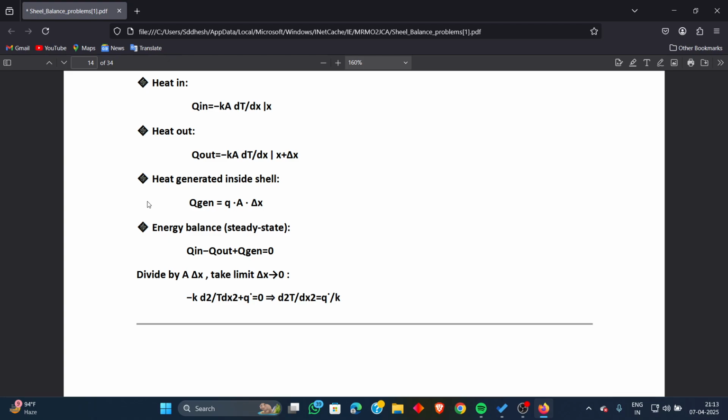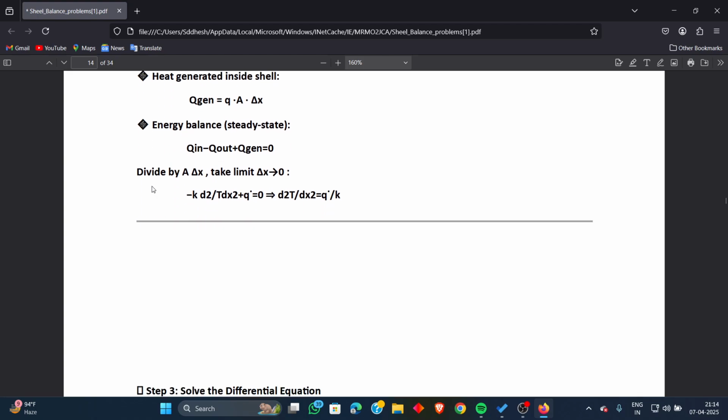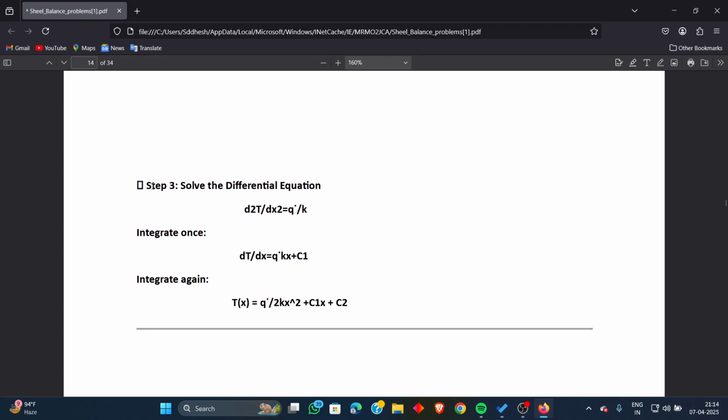Divide by A delta x, take the limit of delta x going to 0. We get K d square T upon dx square plus Q dot is equal to 0. That is d square T upon dx square is equal to minus Q dot upon K. Step 3, solve the differential equation.